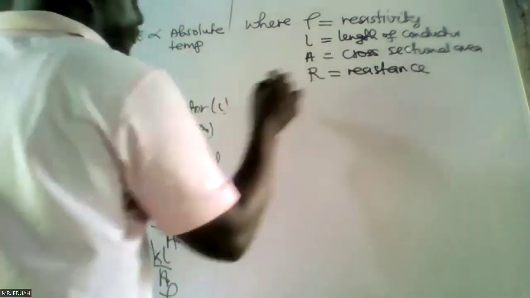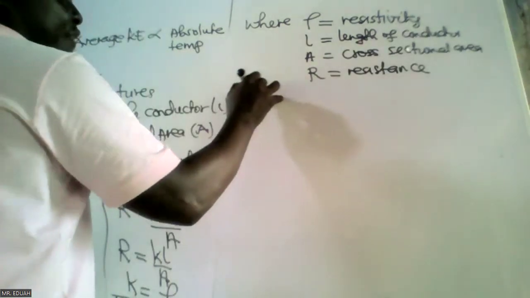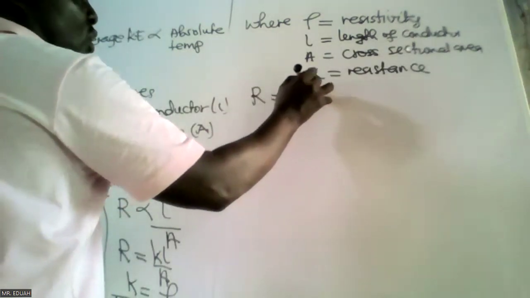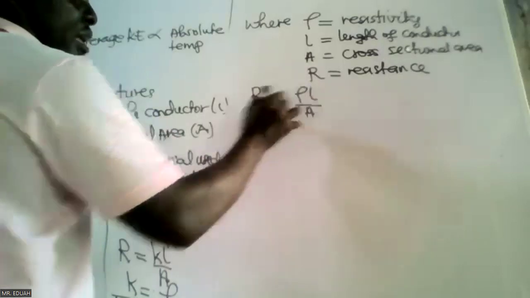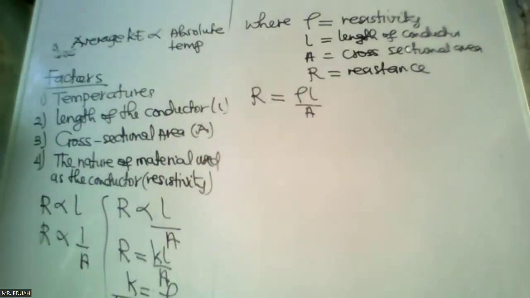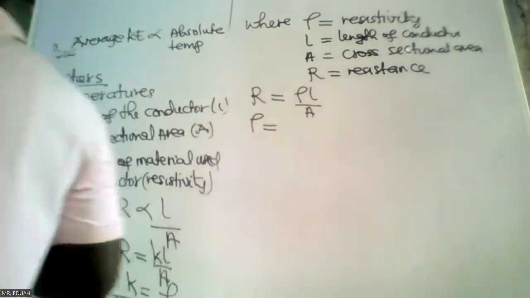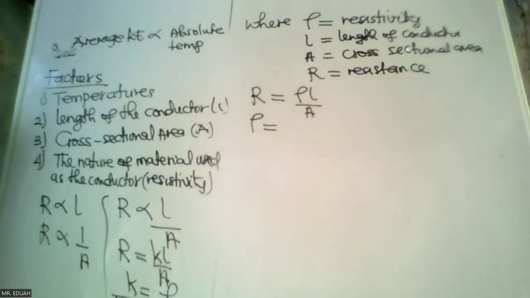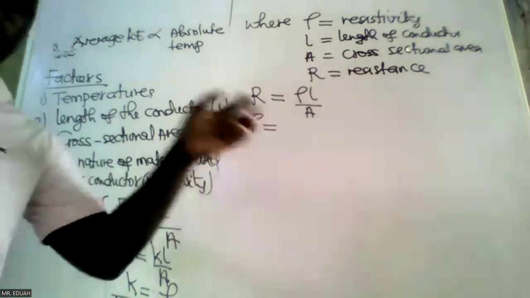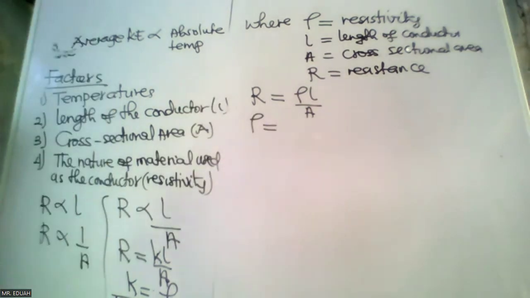Please, if R is equal to rho L over A, let's make rho the subject of the equation. Make rho the subject. And we want to determine the SI unit of resistivity.